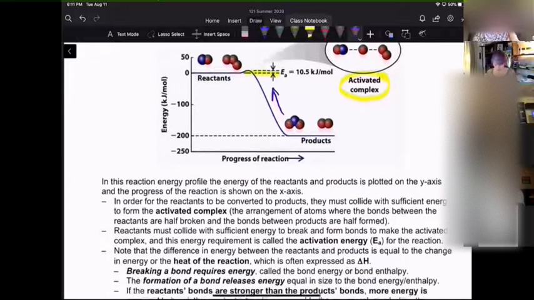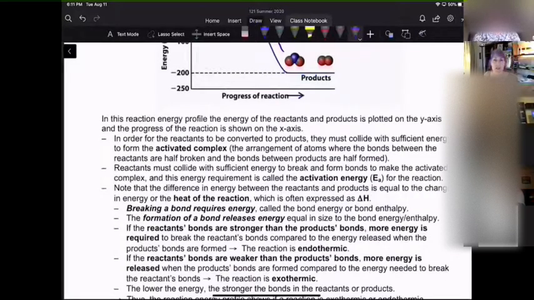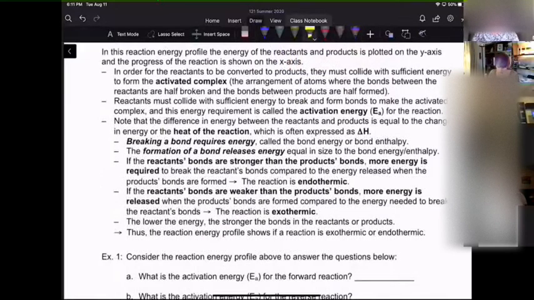This is a bunch of text, and it is based on the textbook, which I'm not a really big fan of some of the wording in there. It's just very wordy. So what do we need to get from this? The difference between the reactants and the products, the heat of the reaction, which is often given as delta H. I think we talked about this, didn't we?